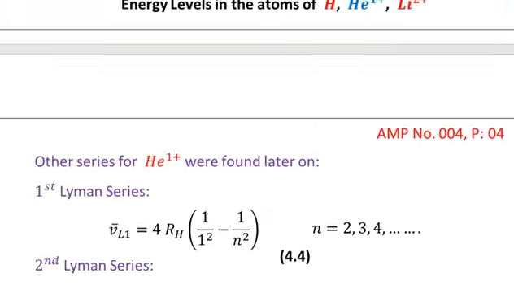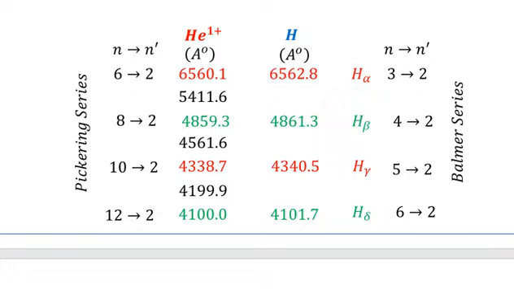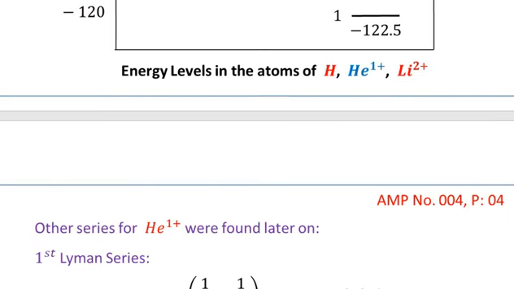As explained in this table, there is a small difference in the wavelengths obtained from the singly ionized helium atom. These values are slightly lower than the corresponding values of the Balmer series, and this small reduction is because of the heavy nuclear charge of the singly ionized helium atoms.